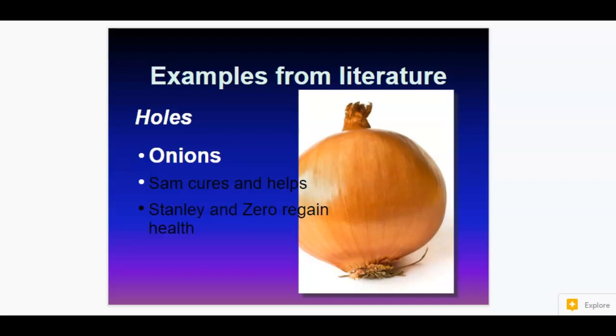Stanley and Zero regain their health, and because of that, it moves the plot along because they are able to get better and get out of their situation. It also helps build Sam's character, right? As you see how much he cares about people and how he learns to manipulate his environment to help people. You see those extra layers just like you see in an onion when you peel away things.